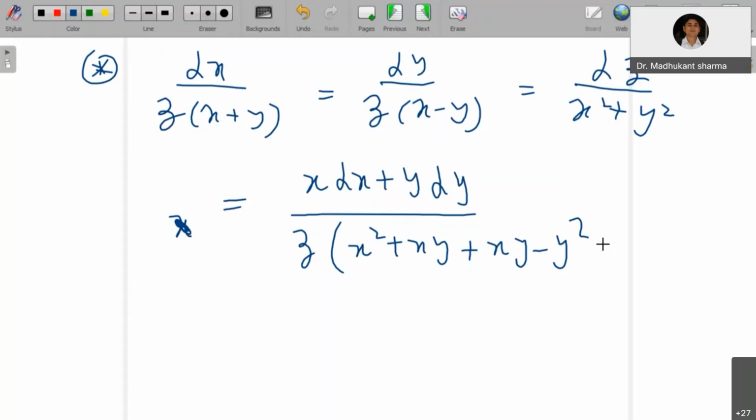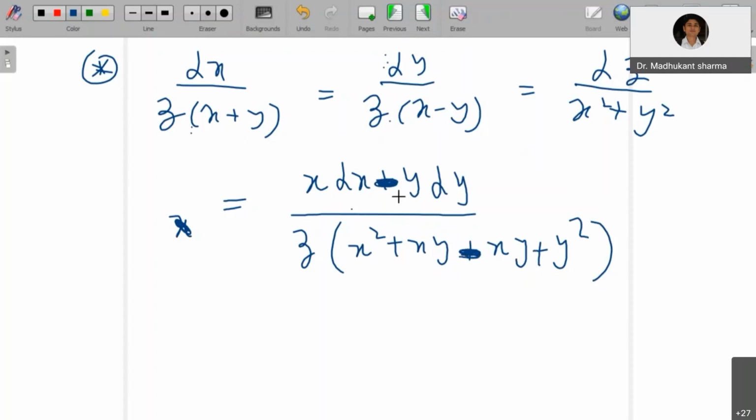So this will not help you. Suppose you have minus here, so this is minus and this is plus. So this x dx I multiplied by x, numerator and denominator. Here multiply by y, numerator and denominator, and then subtract.